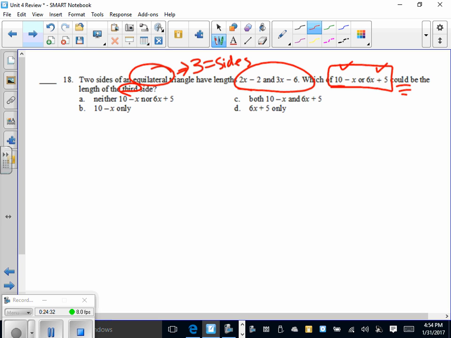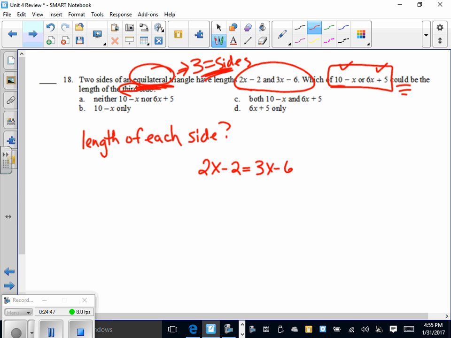Well, we need to know what the length of each side is. Okay, since it says equilateral, we have equal sides, so therefore 2x minus 2 is equal to 3x minus 6. So I subtract 2x from both sides, leaving me negative 2 is equal to x minus 6.